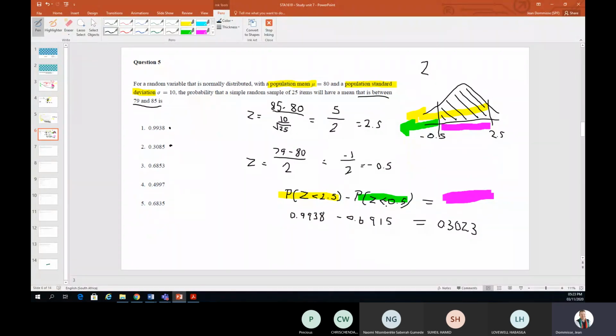So let's see if that is an option. No. Okay, so let's quickly see if I made a mistake. Yes, I did. I needed to actually use the Z negative table, but I looked at the positive table. That is how one can easily make the mistake.